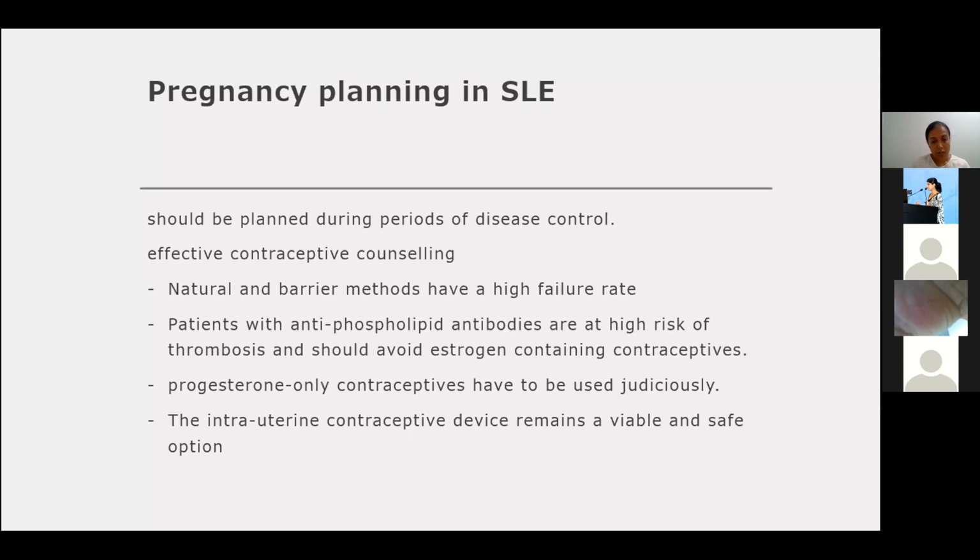When we consider the contraceptive methods, the natural and barrier methods have a high failure rate. And if the antiphospholipid antibodies are positive, the patients are at a high risk of thrombosis. Therefore, the estrogen-containing contraceptives should be avoided.